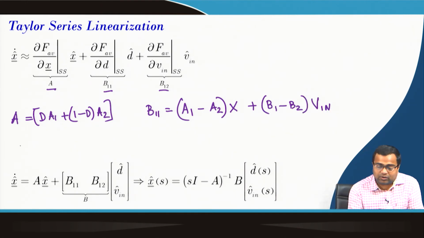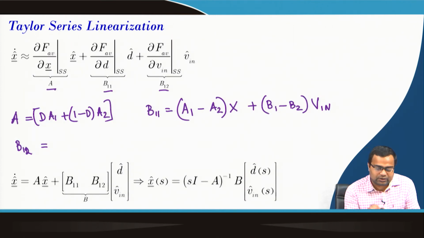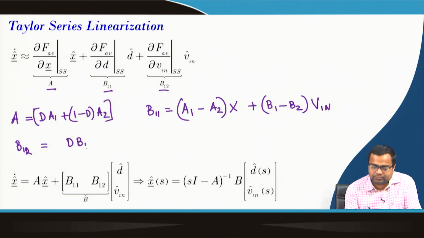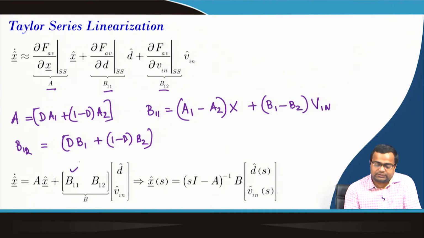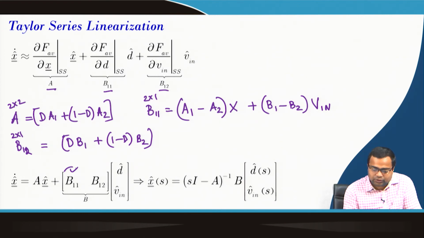And what is B12? It is simply d into B1 plus (1 minus d) into B2. With this we can write all this, and this B is a 2 cross 1 matrix, this is also a 2 cross 1 matrix, and this is a 2 cross 2 matrix. Now, this whole thing, which is the B matrix, is a 2 cross 2 matrix.